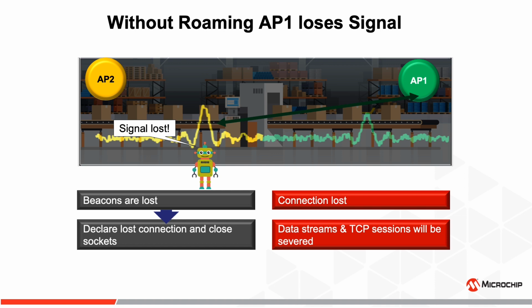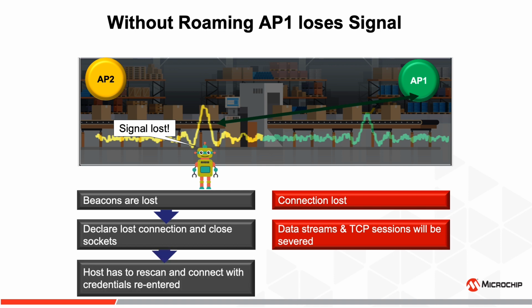So now the data streams that you were sending to the cloud and your TCP sessions will be severed. Now, if you're in range of a second access point, the host, your station or your application is going to have to rescan and connect with credentials that have to be re-entered. So it's essentially an interruption of the operation of the device.